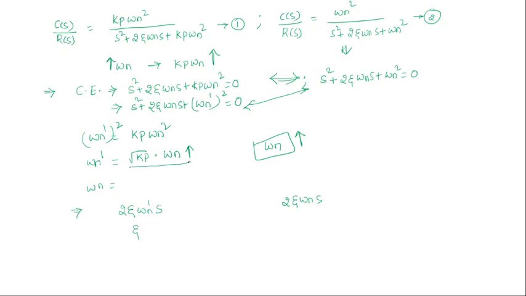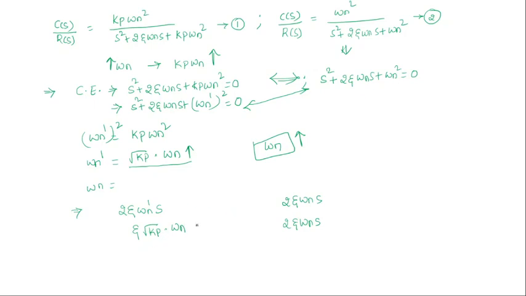Omega n dash is root Kp into omega n, and I am substituting that value.